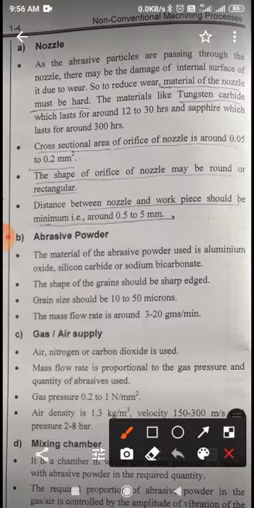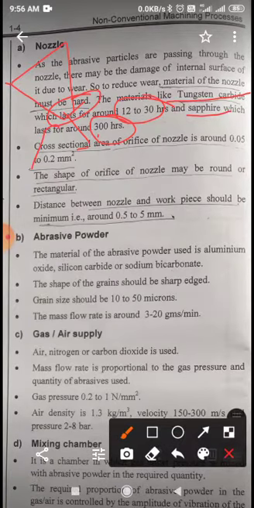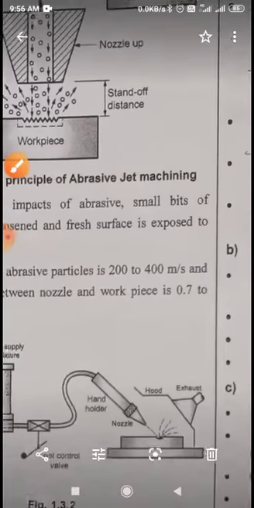As the nozzle is rubbing against the abrasives, it must be made of harder material. The materials are tungsten carbide, which lasts for 12 to 30 hours, and sapphire, which lasts for 300 hours. Then the orifice area: if this is the nozzle and the jets are coming through this, then this area is called the orifice area.